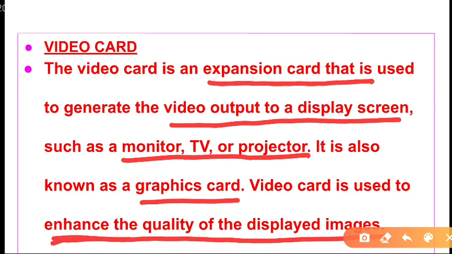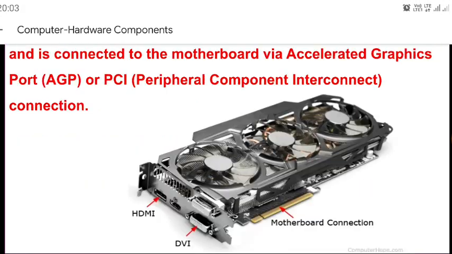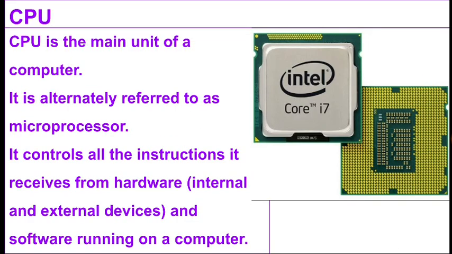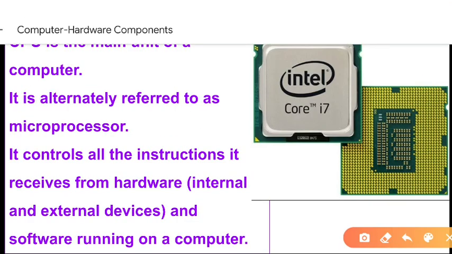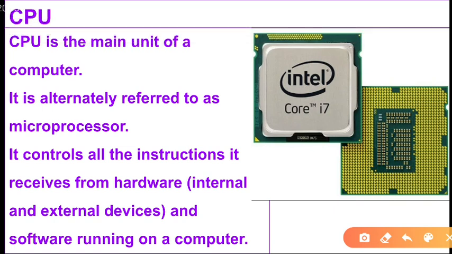Okay, students, let's move on to the next internal hardware, that is your CPU. Now we come to one of the most important components, the CPU or central processing unit. This is how a central processing unit, or the processor or the microprocessor, looks like.